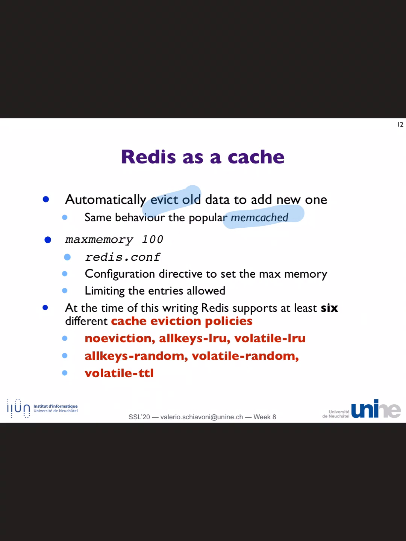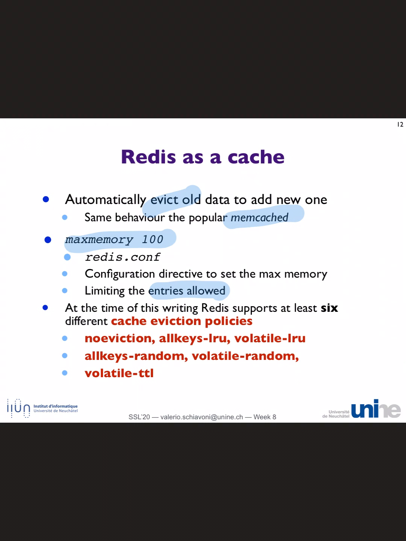If you remember, what we tried to do during the previous project was to set a given amount of keys, k, as the maximum number of keys or entries that were allowed. In the real world, we are not dealing anymore with discrete entities or a number of entries in the key-value store, but rather we set the amount of memory that the cache is allowed, and this has a direct consequence on the number of entries there.